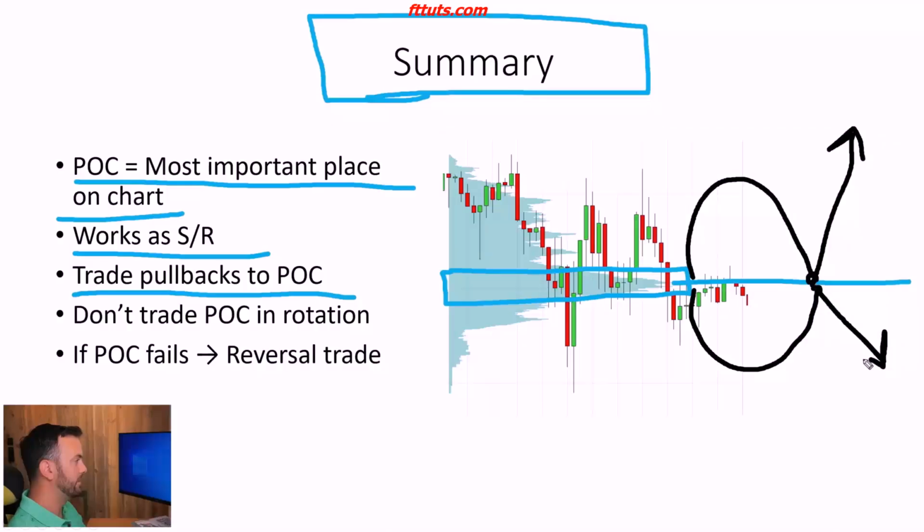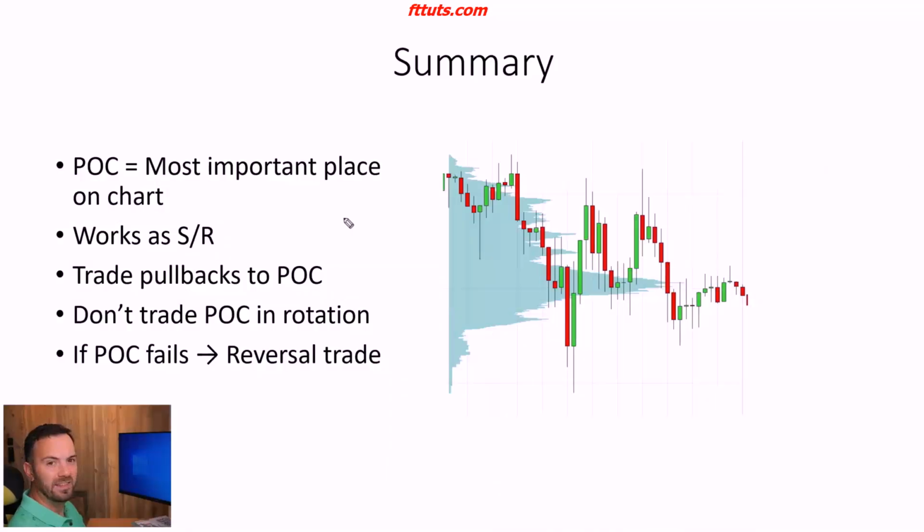short trade scenario pullback. Next thing to remember is that you shouldn't trade the point of control when the market is in rotation, because in this case the point of control works as a magnet, not as support and resistance. And last but not least, if the point of control fails, then you take a reversal trade, right?